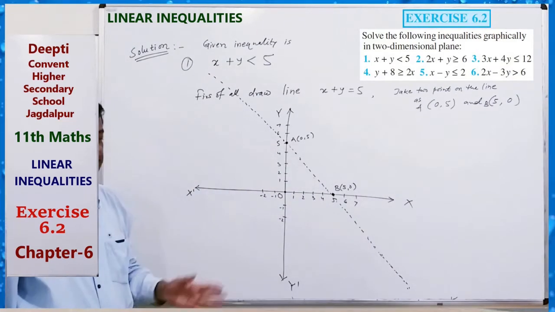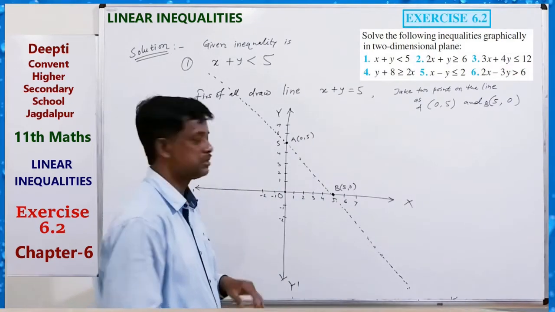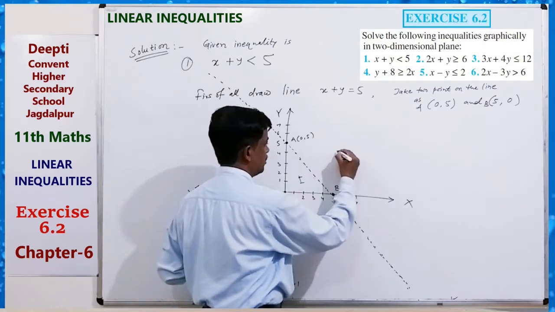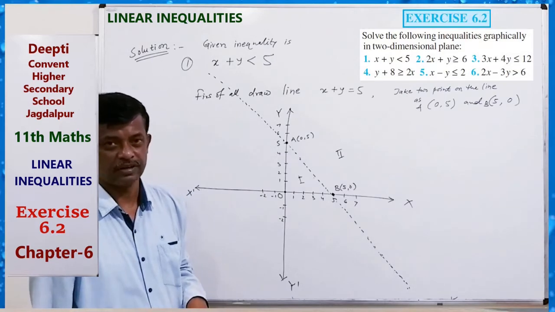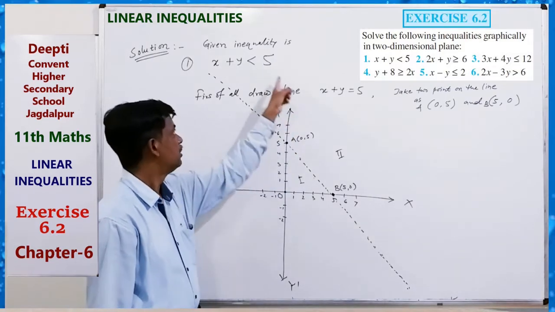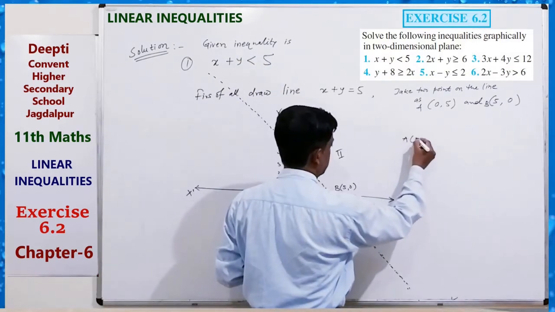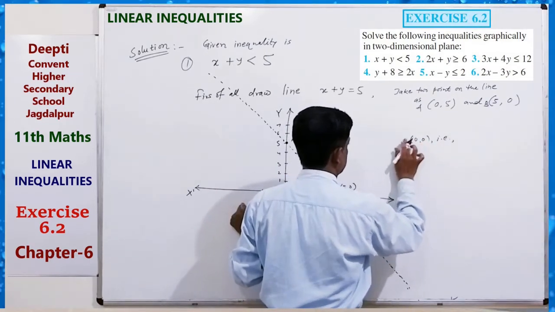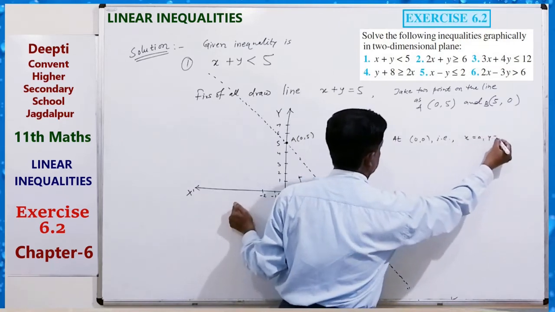Now this line divides the whole plane into two parts. This is the first part, suppose on this side, and this the second part. Now take the origin as the targeted point. Put x equal to 0, y equal to 0 in the inequality.